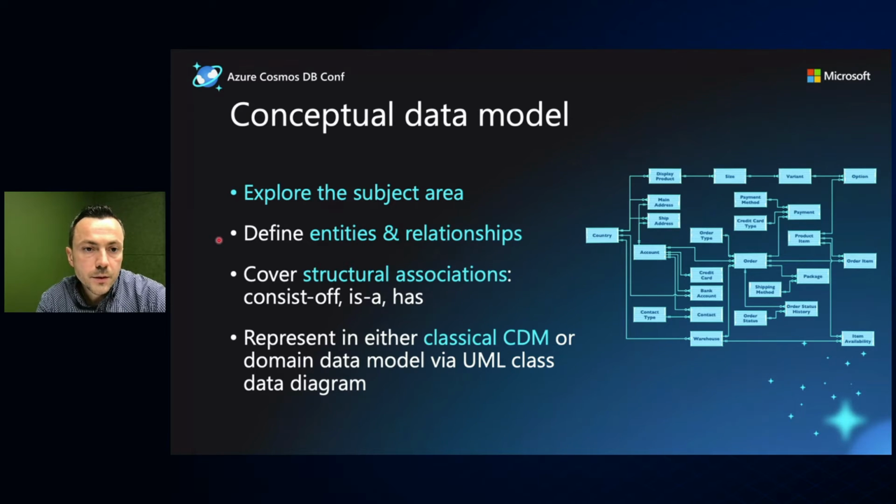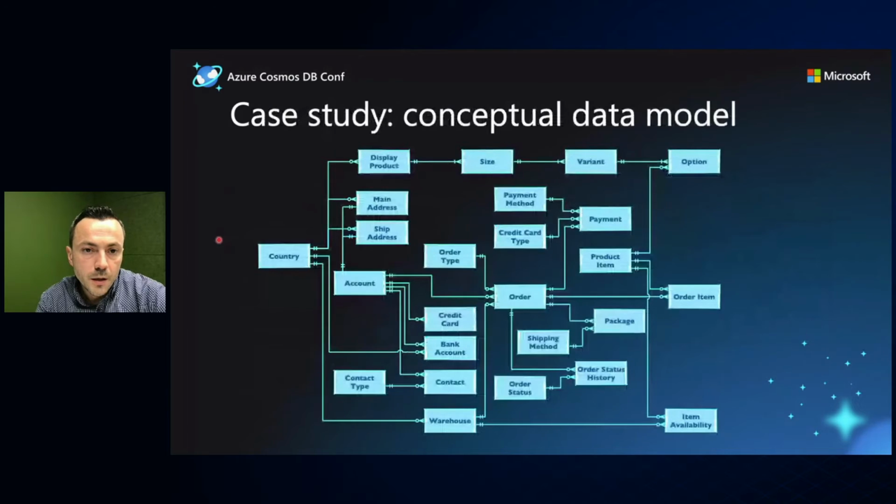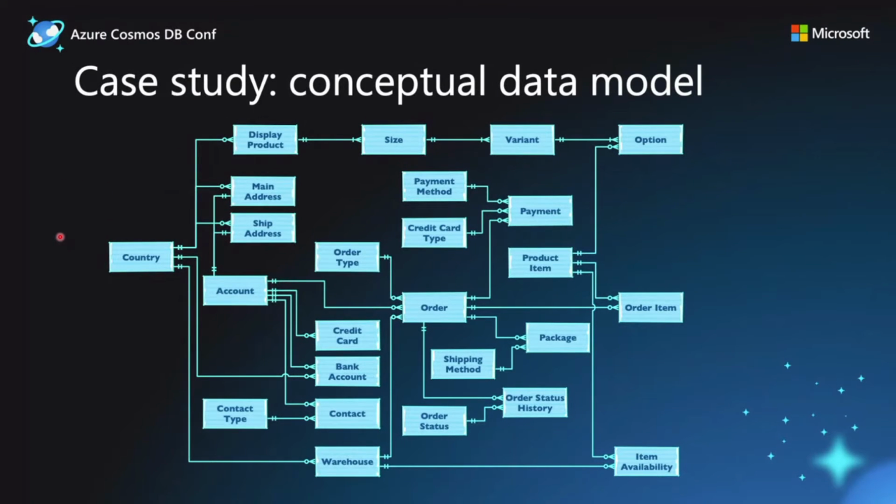So let's consider how the conceptual data model looks, taking into consideration our particular example from the e-commerce business. In the center, you can see one of the main entities, which is order.